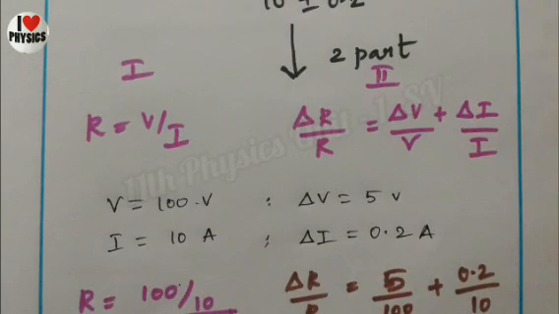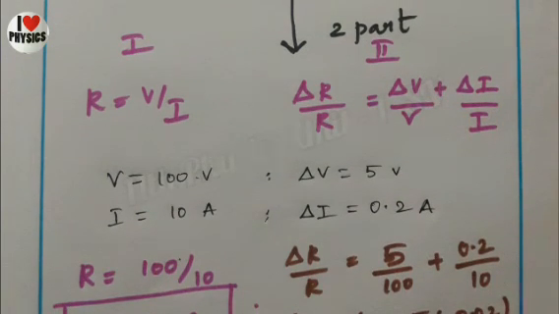First part is the main part, that means R equal to V divided by I, and second part is using the formula, that means del R divided by R equal to del V divided by V plus del I divided by I. Given data: capital V equal to 100 volts and I equal to 10 ampere, and change of voltage, del V, is 5 volts. Change of current, del I, is equal to 0.2 ampere.